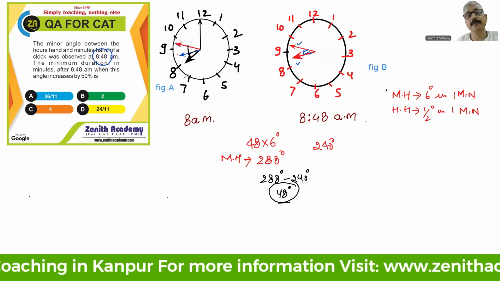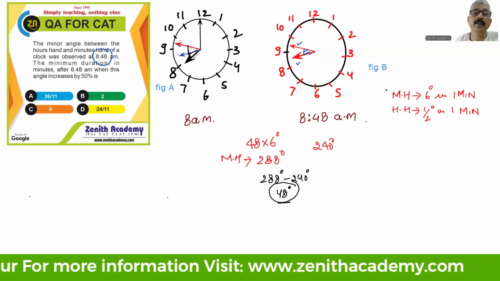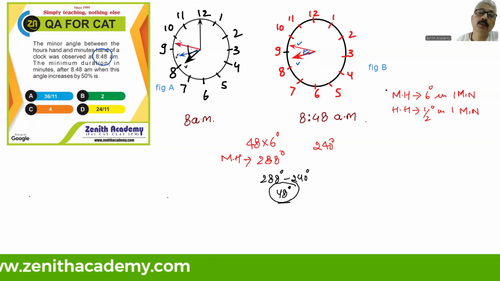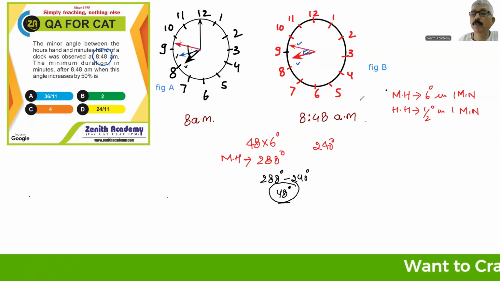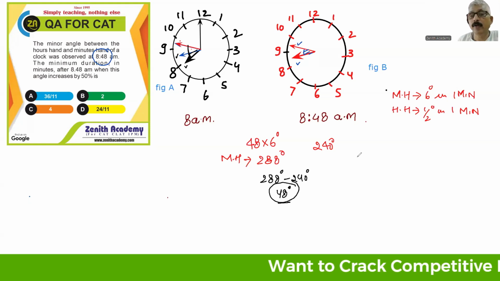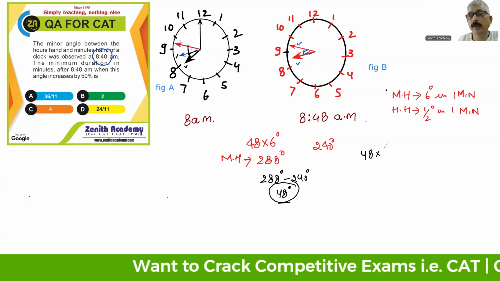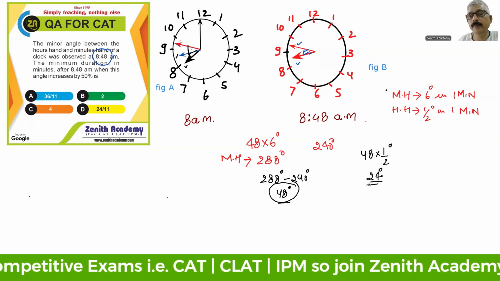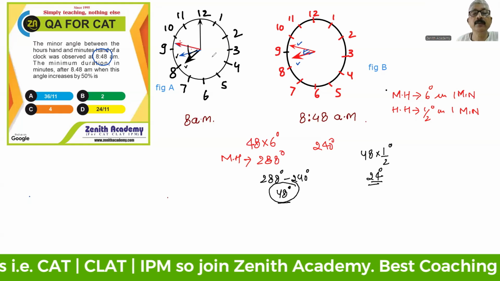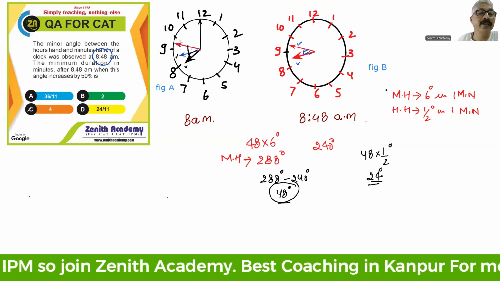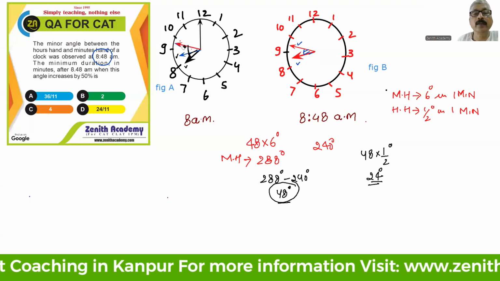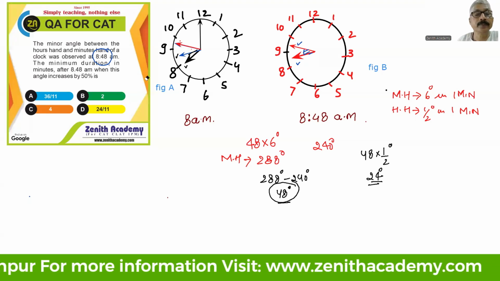Now take our hand. Our hand will move from this position to this position when the time was 8 and now it is 8:48 a.m. So our hand moves only 48 into half degree, which is equal to 24 degree. So in 48 minutes, movement of our hand is 24 degree, right?